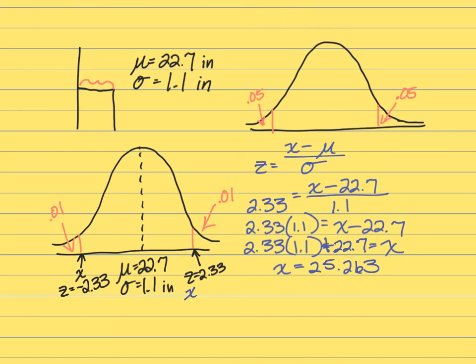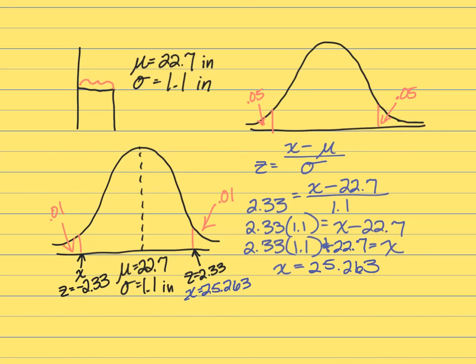So that is the x value here. That is the boundary in inches that defines that upper boundary. So if we're higher than that, then we are considered to be statistically significantly different, right? If we get a measurement that is higher than 25.26, I guess we'd round that to 25.3.